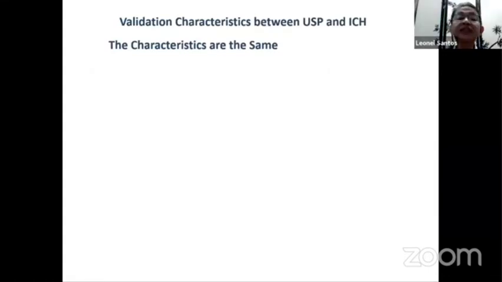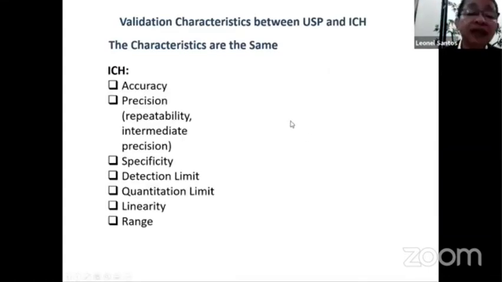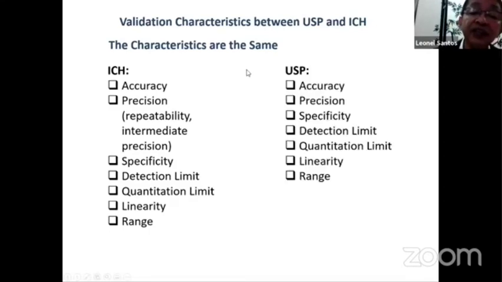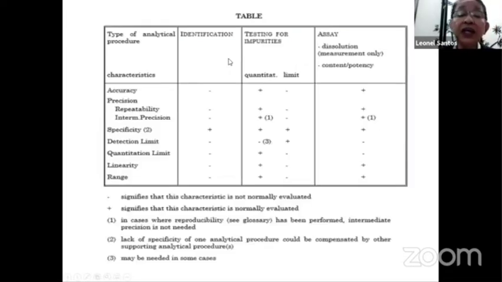So the characteristics are the same as those described by the ICH and USP. All these 7 validation characteristics are consistent, except in ICH, their category for identification and the required analytical performance characteristics is the same as that of USP.